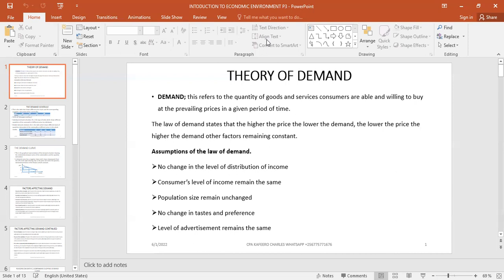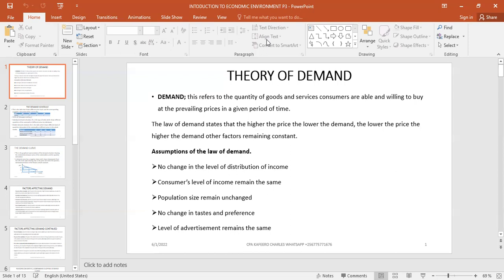When you have these assumptions active, then we expect that demand should be affected by prices only. The population size should also remain unchanged or constant. There shouldn't be population growth.